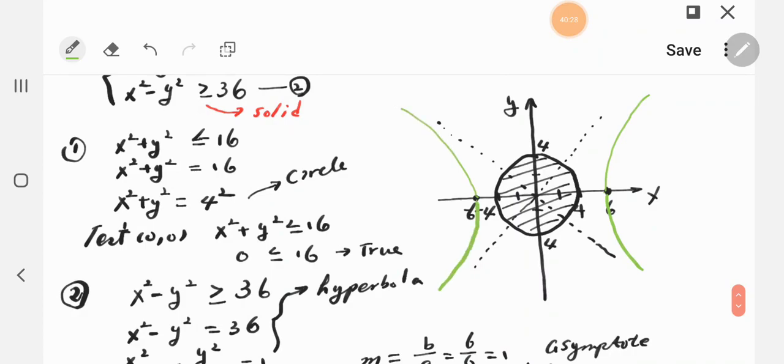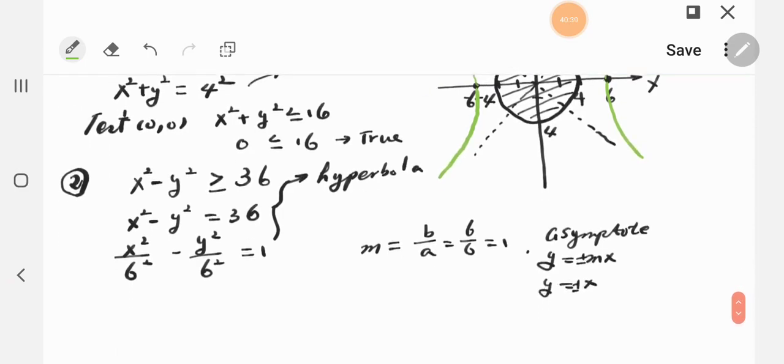Okay, then let's test the point so we can find out the area. Test 0, 0. Then x squared minus y squared is greater than or equal to 36. Is 0 greater than 36? No. This is false.